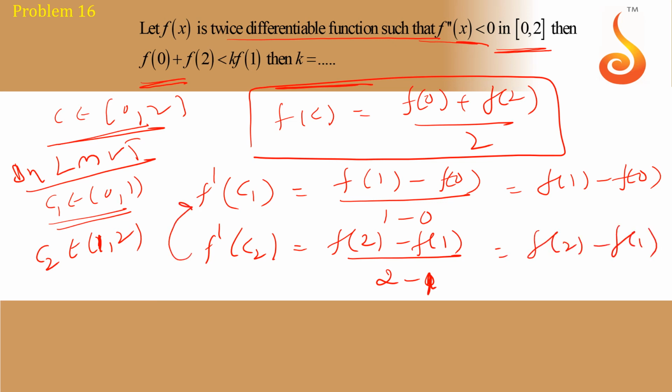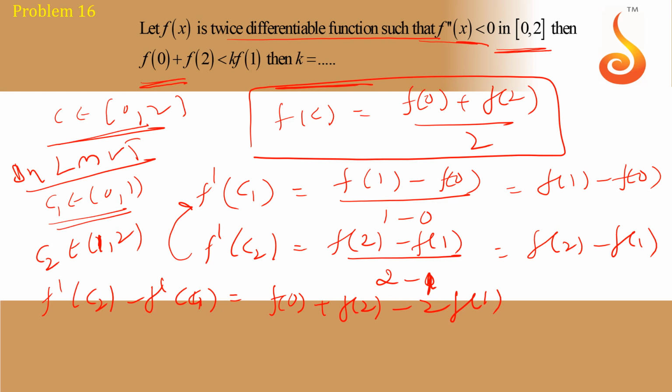If you subtract these two, what you will get? F dash C2 minus f dash C1 is f of 2 minus f of 1 minus f of 1 plus f of 0. So can I write this as f of 0 plus f of 2 minus 2f of 1, I am getting?